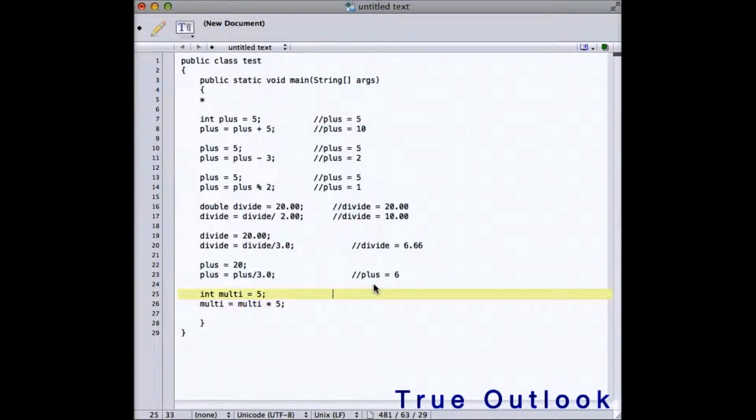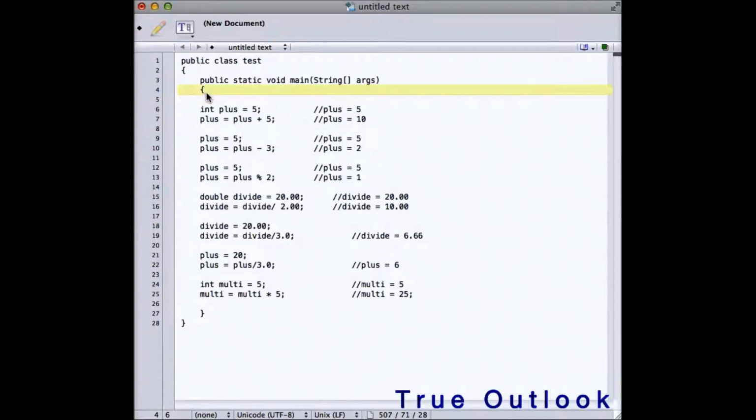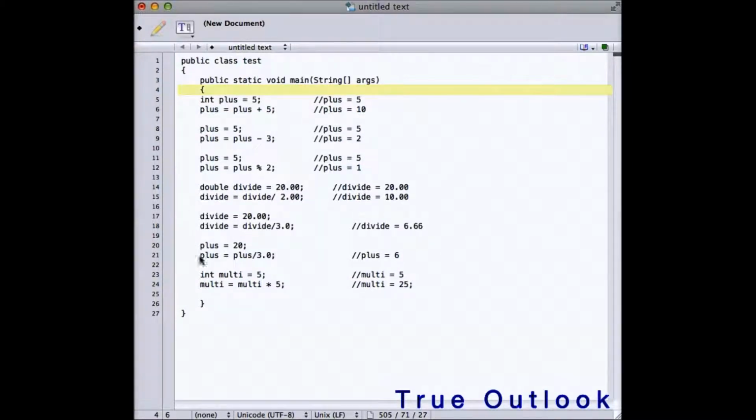So here multi is equal to 5, and this part here multi is equal to 25. And that's basically all the calculations so far. So just to recap, you have your plus, you have your minus, you have your percentage sign, you have your division, and you have your times.